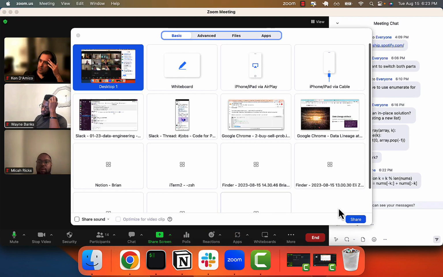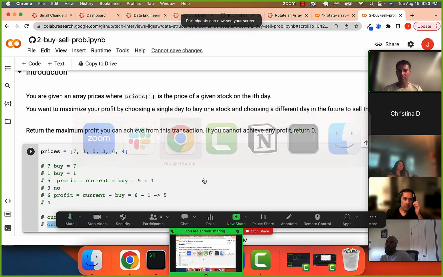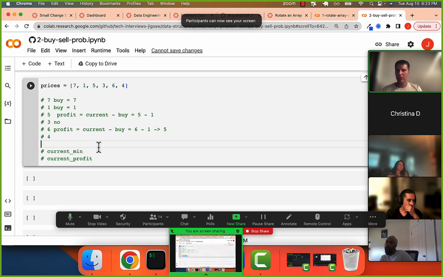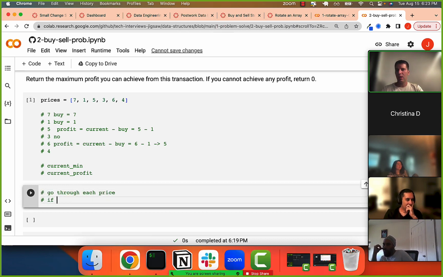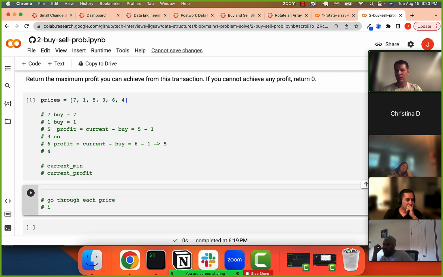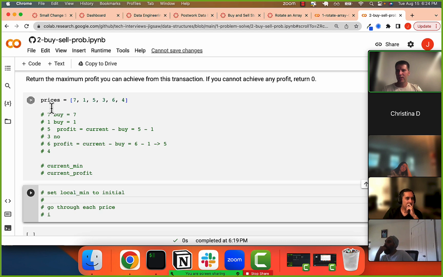All right, so now let's see if we can make any progress with this. So what are we doing? It seems like, go through each price. Probably set local min to initial, meaning to 7 in this case, just to the initial price. Set current profit, and it was in the problem that profit has to be greater than or equal to 0.